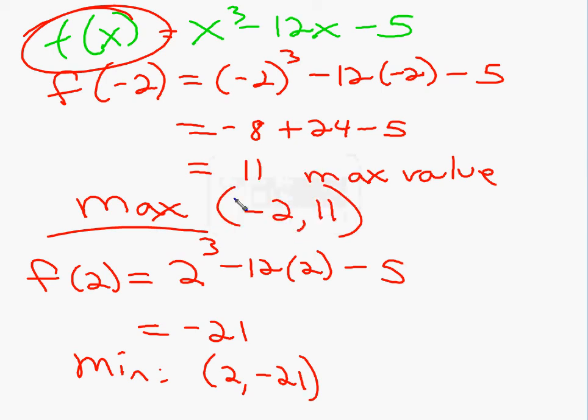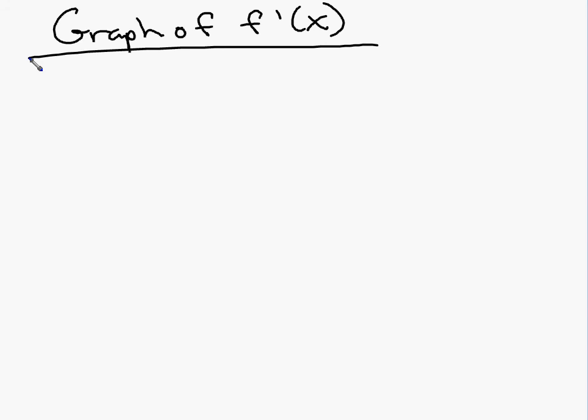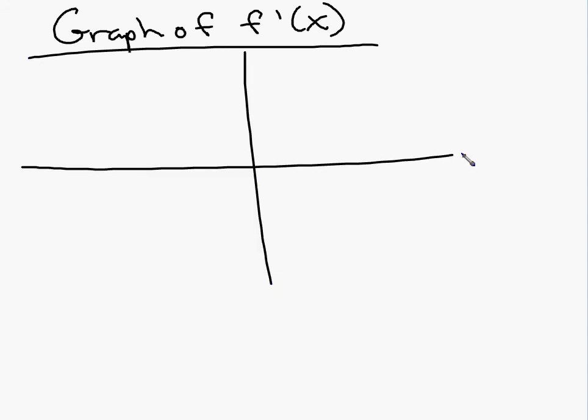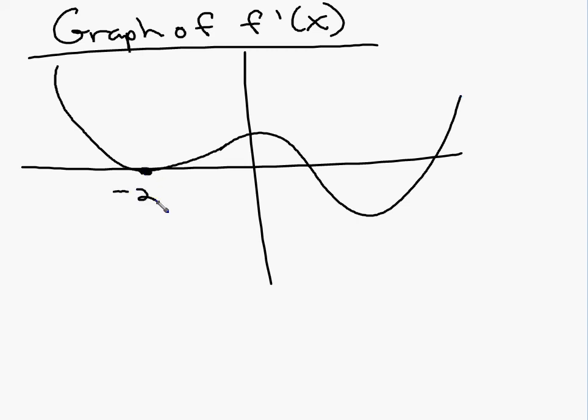One last thing that we need to talk about real quick is you're going to see some problems where they give you the graph of f prime of x. Let's say that your graph looks something like this. Let's say that this value right here is negative 2.